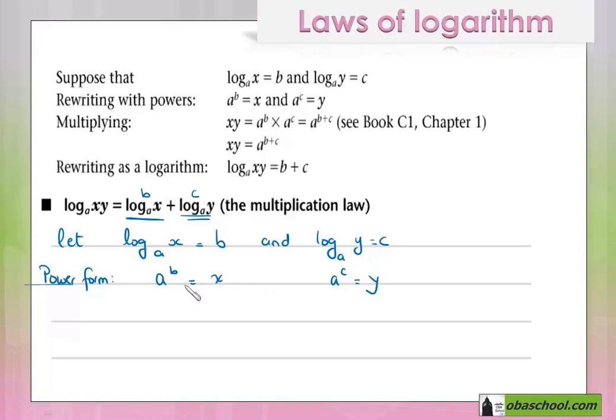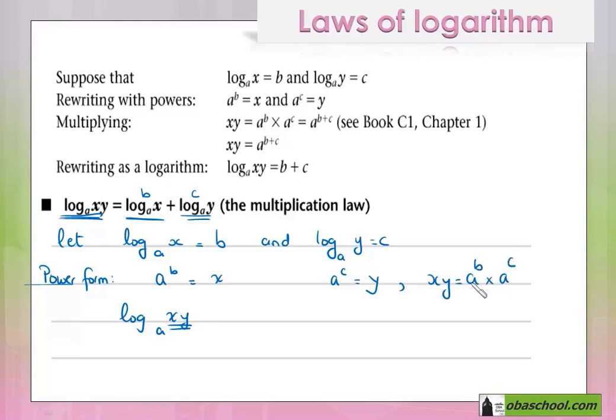For the second one, a to the power c equal to y. So up until this point, we have done nothing new. We have just replaced log x to the base a with b and log y to the base a with c.